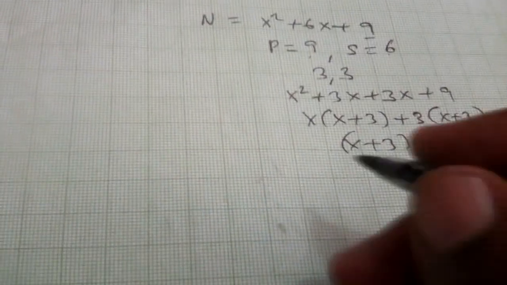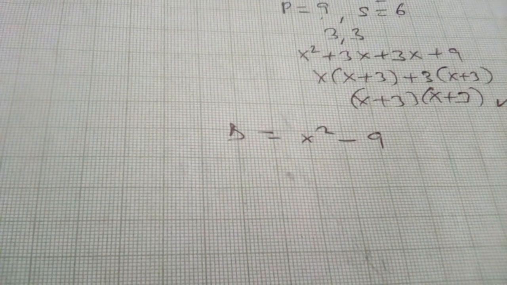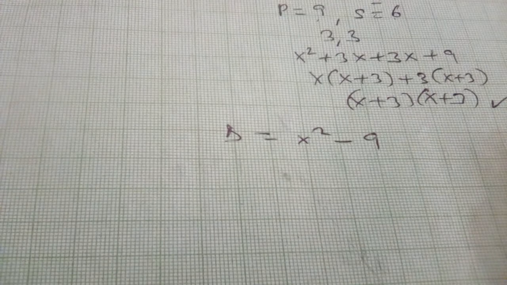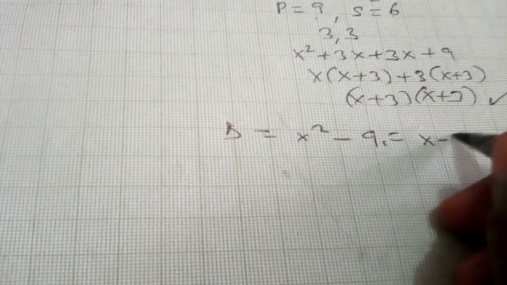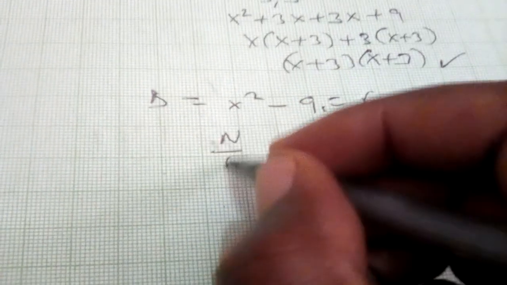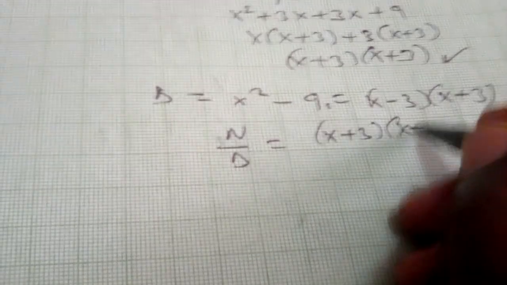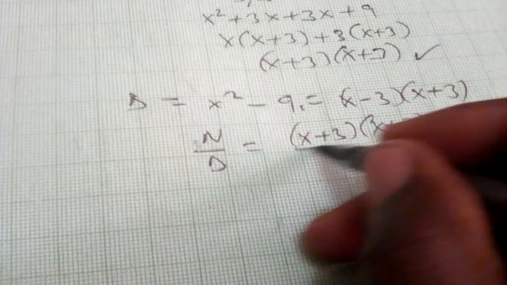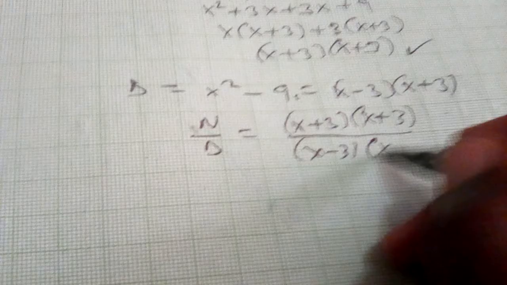So that's the numerator. When it comes to the denominator, you have x squared minus 9, and this is another concept of difference of squares. So this one factors into x minus 3 quantity, and then x plus 3. So if you take numerator over denominator, you're going to have x plus 3, x plus 3 over x minus 3, x plus 3.